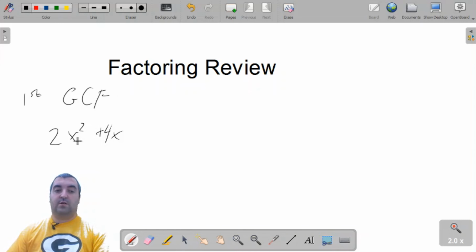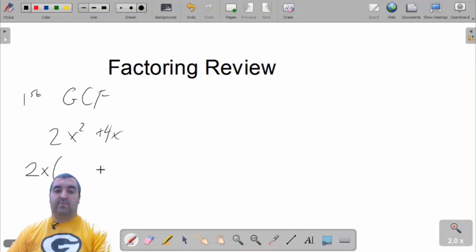You want to look to see if they have anything in common, meaning their greatest common factor. So in this example, we look at the numbers, they all have a factor of 2. Then we look at the variables, and they all have a factor of x. So we can factor out a 2x.